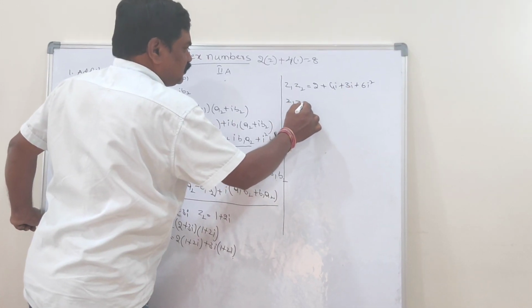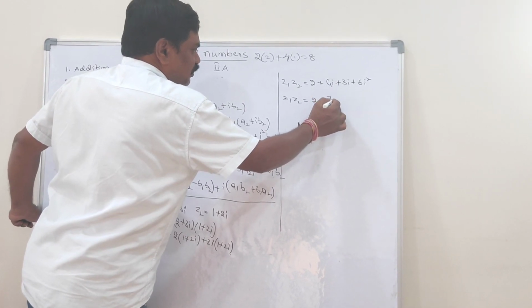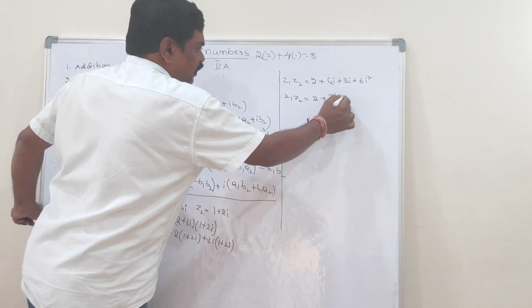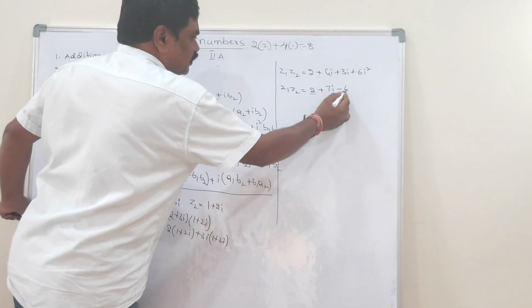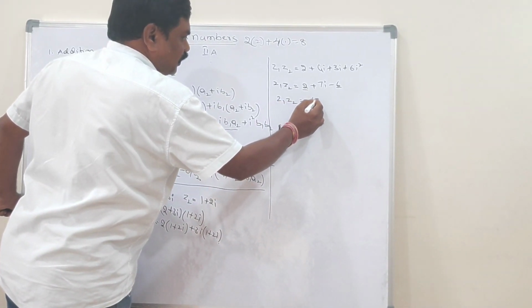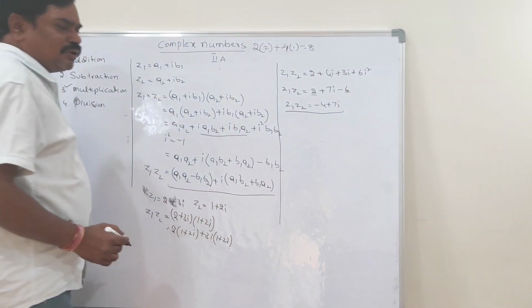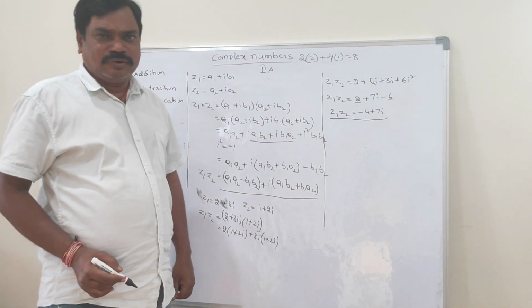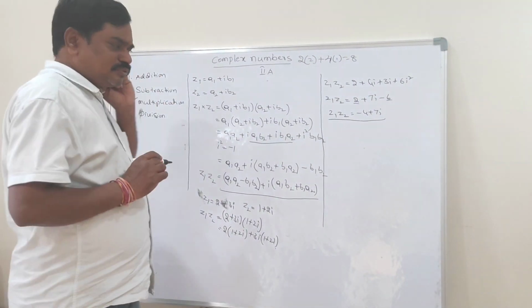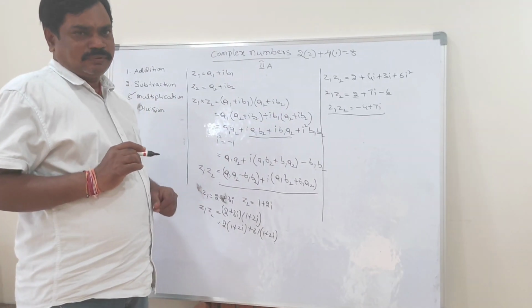So Z1 Z2 is equal to 2 plus 4i plus 3i, we know, 7i, plus minus 6, 2 minus 6. Z1 Z2 is equal to minus 4 plus 7i, which is the multiplication of two complex numbers. Okay, all of you, this one is the multiplication of two complex numbers.